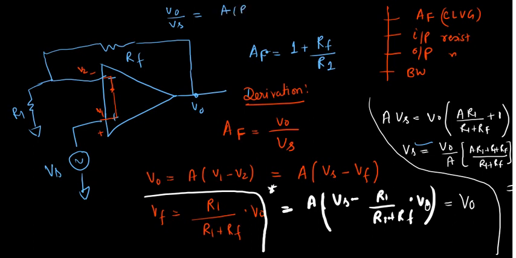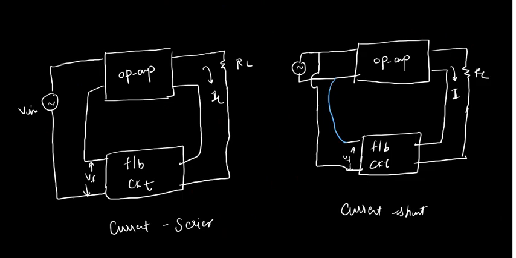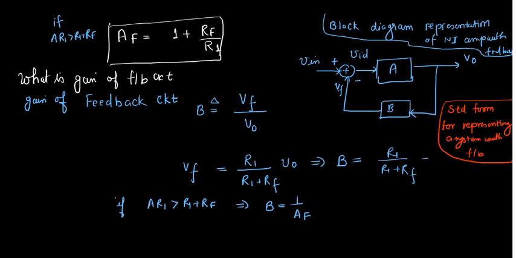And the answer was A(R1 plus RF) divided by (A R1 plus R1 plus RF). This is the exact feedback gain of your op amp, right? For ideal condition, when your AR1 is greater than R1 plus RF, because for an ideal amplifier, A is quite large.